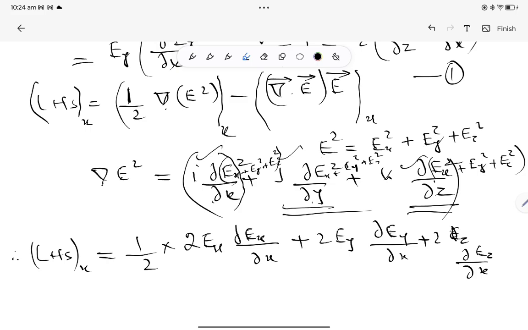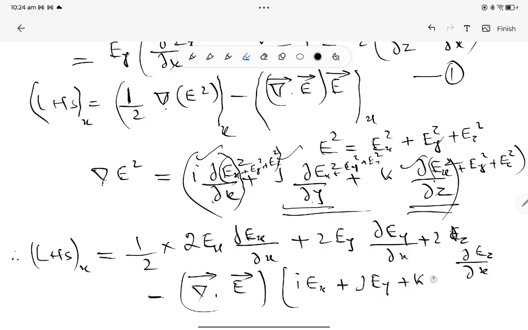I still have to write this part, that is minus del E. Now del E, just keep it there for a minute. Del E into E. E is simply i ex, j ey, k ez.